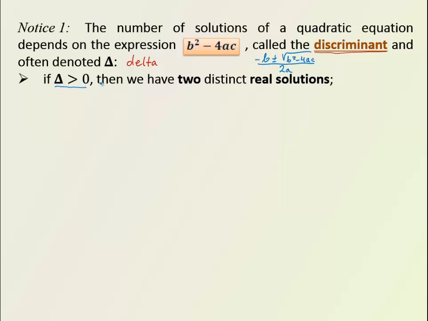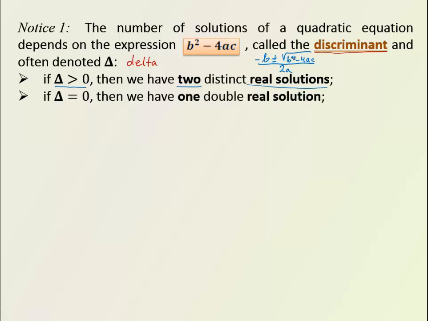So if delta is bigger than 0, then we have two distinct real solutions. If delta is exactly 0, so we really have negative b plus minus 0, that doesn't change anything, so it's like minus b over 2a. That tells me that I have only one real solution.